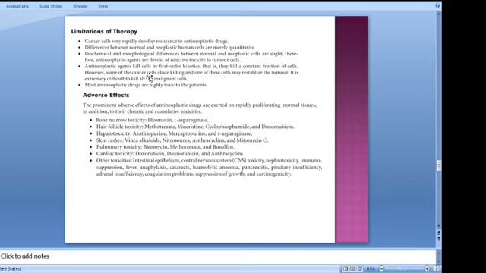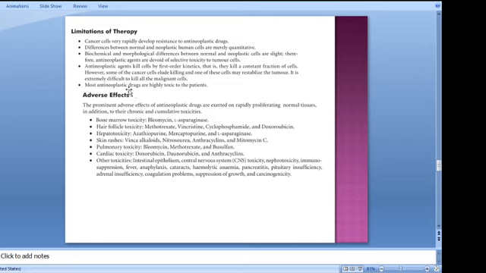Then antineoplastic agents kill cells by first order kinetics, that is, they kill a constant fraction of cells. However, some of the cancer cells elude killing, and one of these cells may re-establish the tumor.